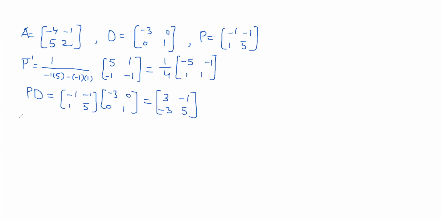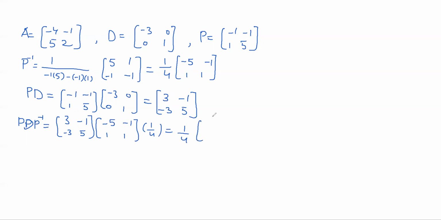And now I will take PDP inverse. PD is this 3, minus 1, minus 3, 5. And P inverse is minus 5, minus 1, 1, 1, and 1 by 4 I just keep outside for the time being.